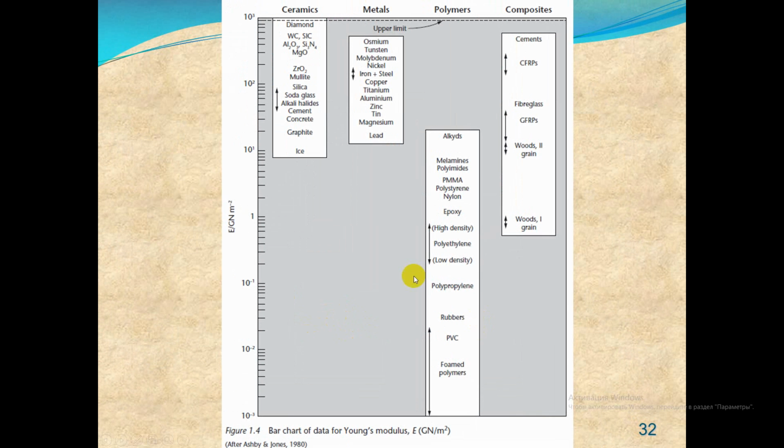In the next figure, again, note the wide variation in stiffness values, with the data spanning 6 orders of magnitude. The stiffest material, diamond also, is 1,000,000 times stiffer than the least stiff materials, foamed polymers.